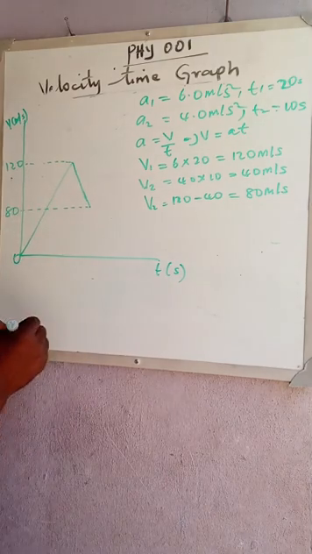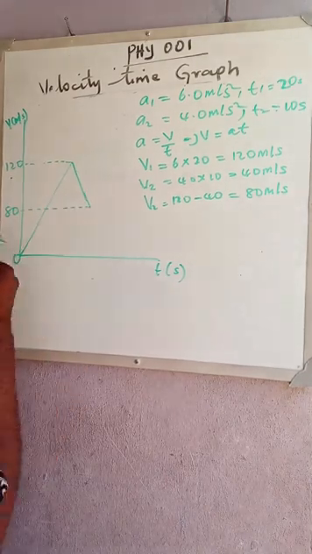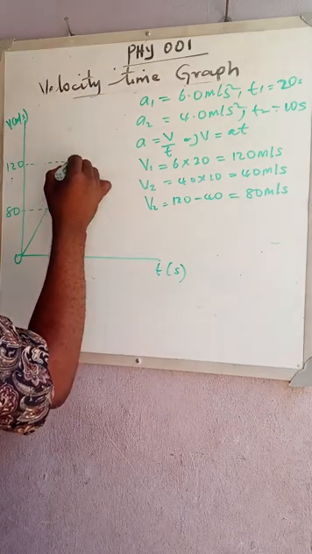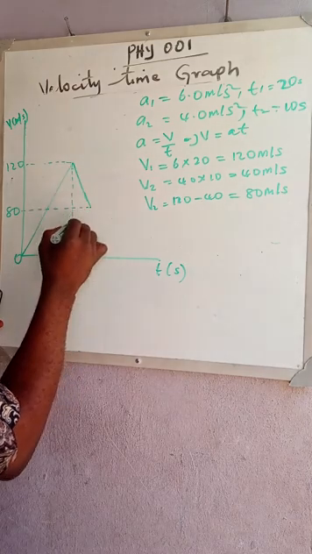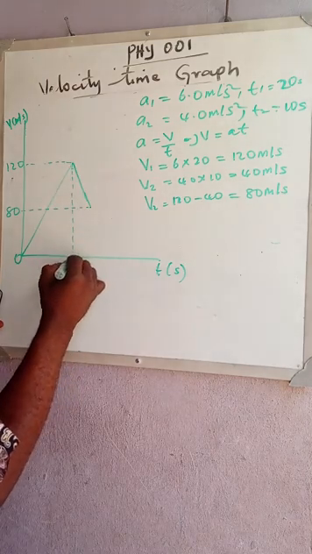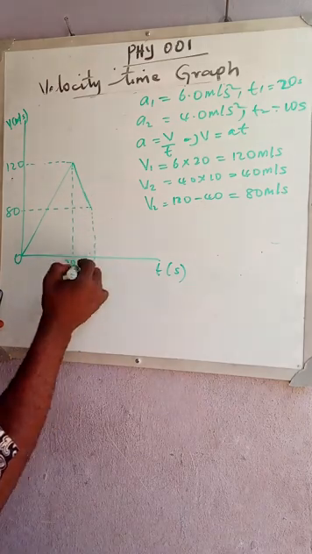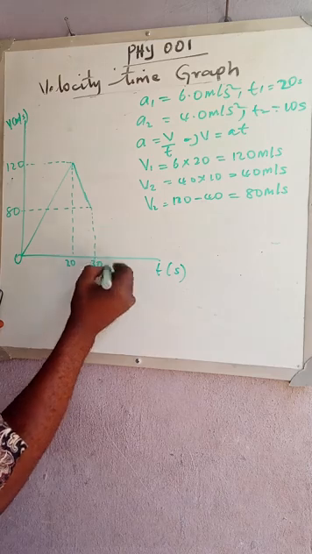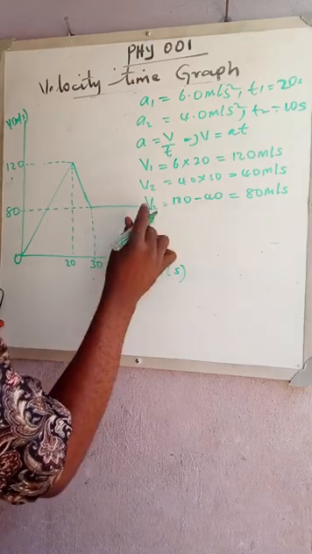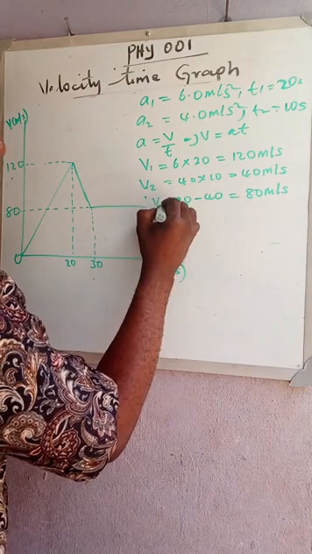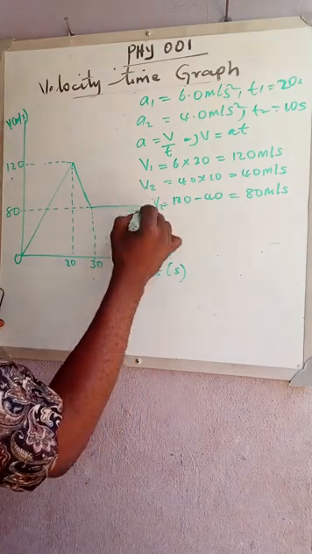Here is now my 80. Then it says the speed is maintained. The time here is what? 20 seconds. Then the time of this deceleration here is 10. 20 plus 10 is 30. And he maintained this speed to this point.